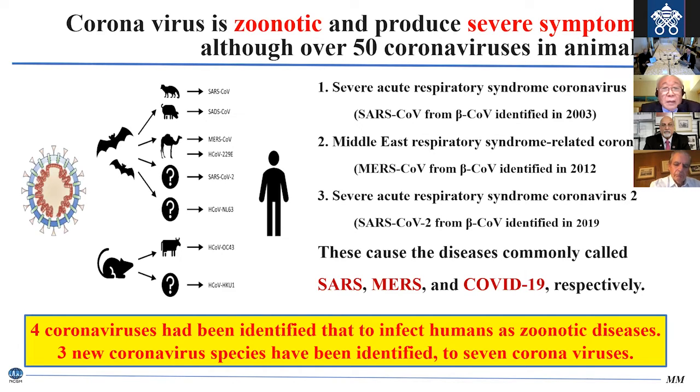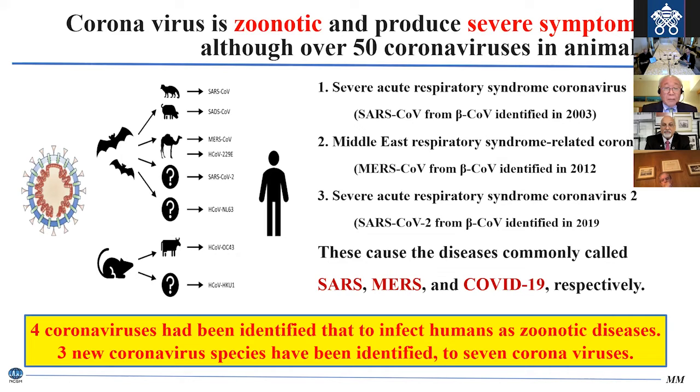The coronavirus is a zoonotic virus. As you can see, interspecies transmission occurs at a very low level, but it can spread very rapidly. There are already 50 coronaviruses in host animals that have been reported and isolated.